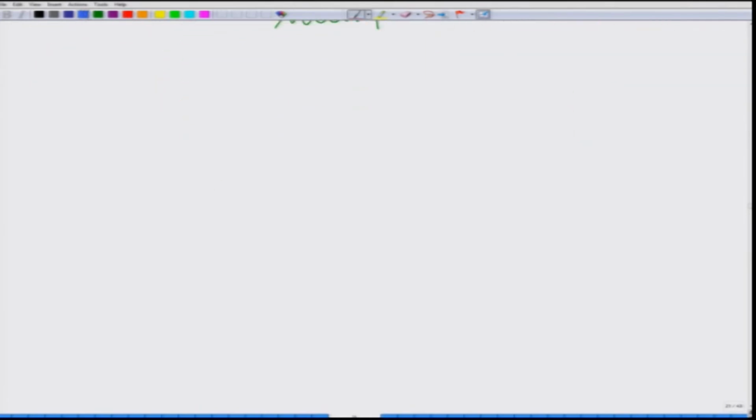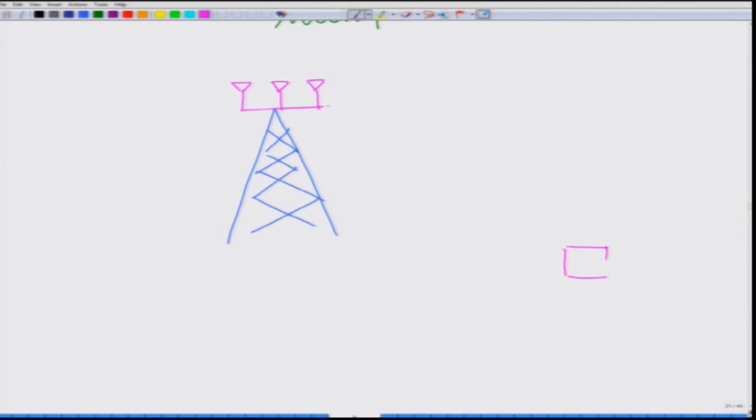So, I can draw a simple scenario depicting multiple input multiple output wireless communication as follows. Let us say this is my base station. Previously we considered the base station has multiple antennas and that remains the same as before. So, I still have multiple antennas at the base station, but now in addition my mobile device also has multiple antennas.